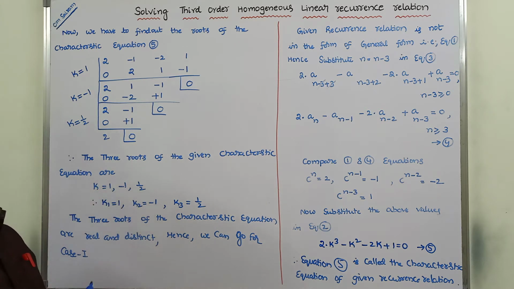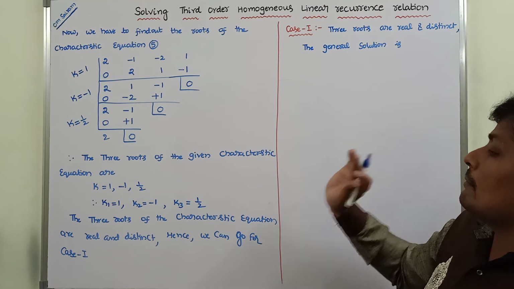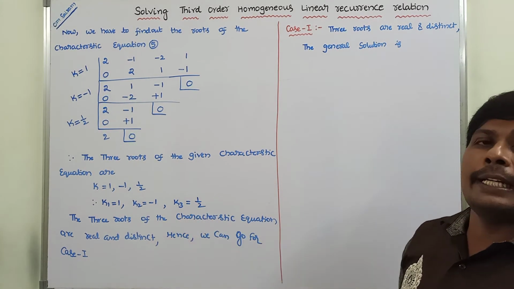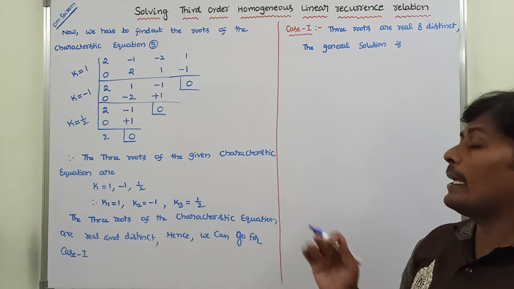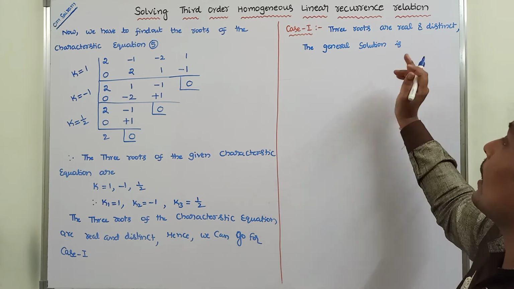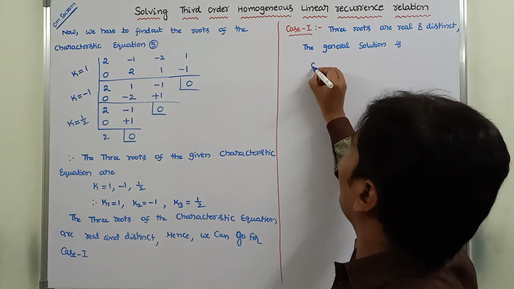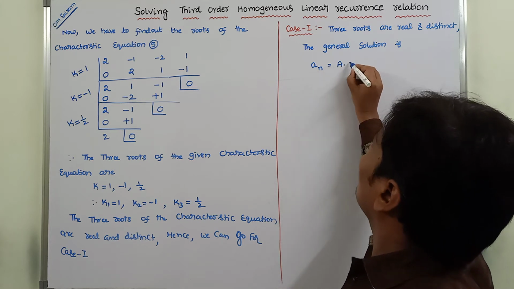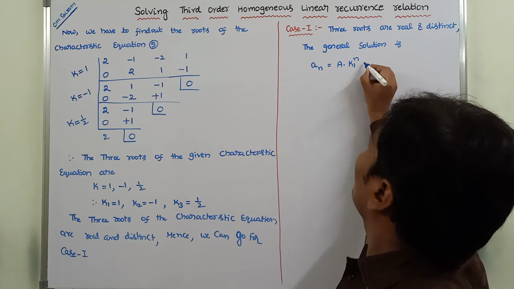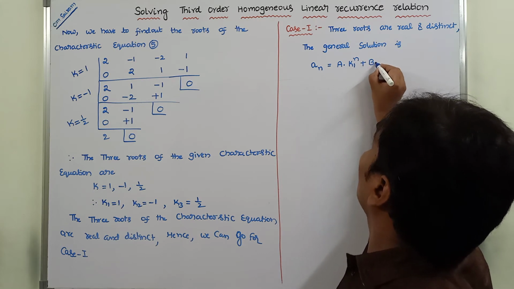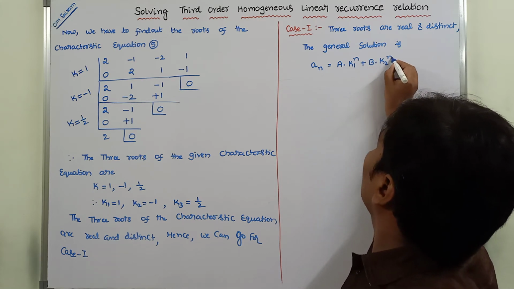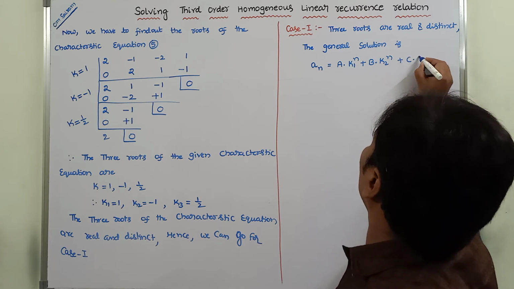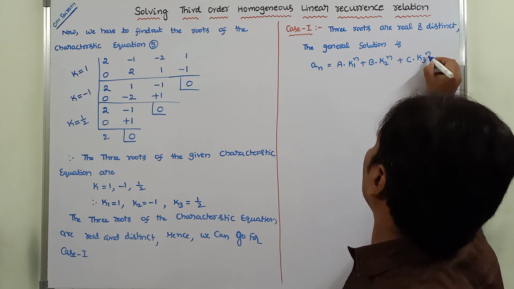In case 1, what is the general solution of the given characteristic equation? The three roots of the given characteristic equation are real and distinct. Then the general solution can be represented by a suffix n is equal to a into k1 power n plus b into k2 power n plus c into k3 power n.